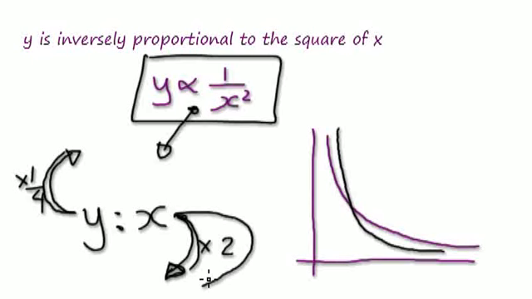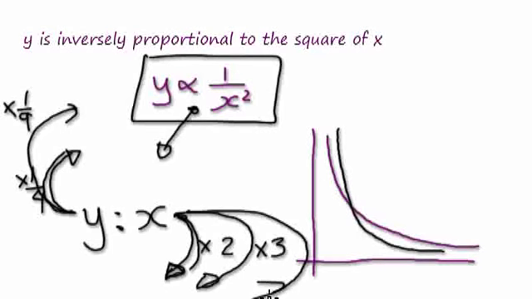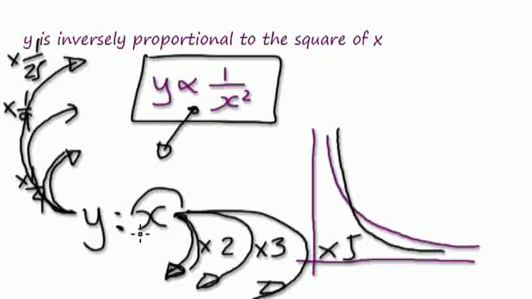So if you times this by 3, then you've got to, in effect, divide this by 9, or you can visualize it as times 1 over 9. If you times this by, let's say, 5, then you've got to divide it by 25, or you can think of it as times 1 over 25. You see, a small increase in this would decrease this massively.